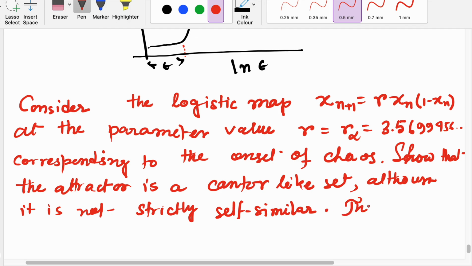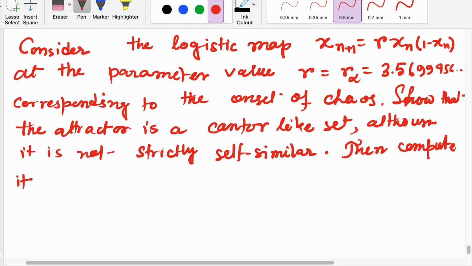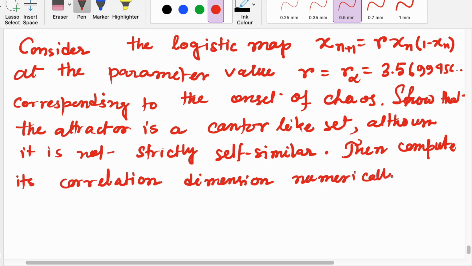Then compute its correlation dimension numerically. And whenever I say correlation dimension, we will calculate it numerically.